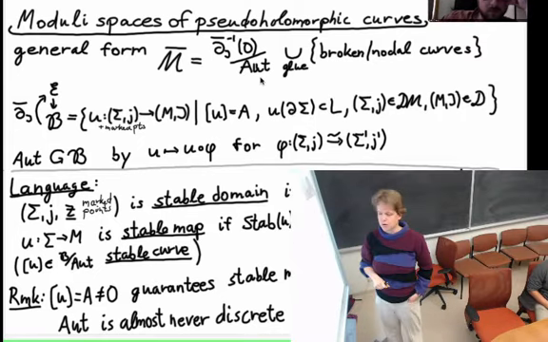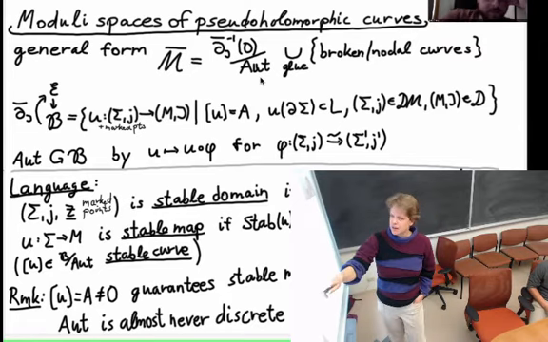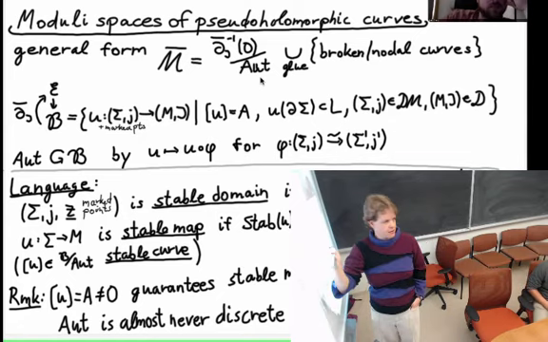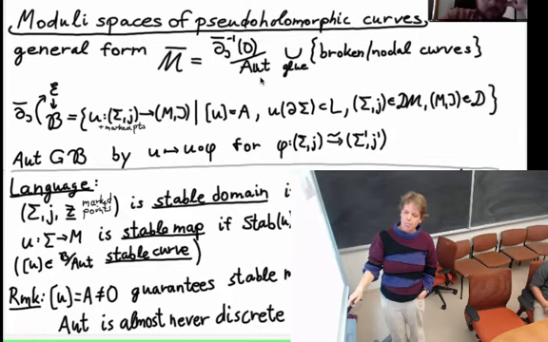The analytically nice thing is that this Cauchy-Riemann operator will be a Fredholm operator in pretty much every case. Well, or can be made one.